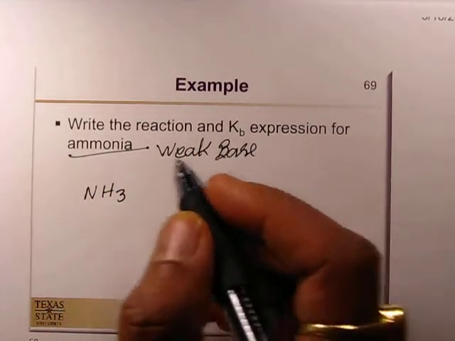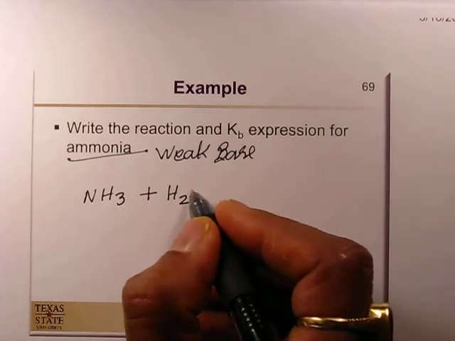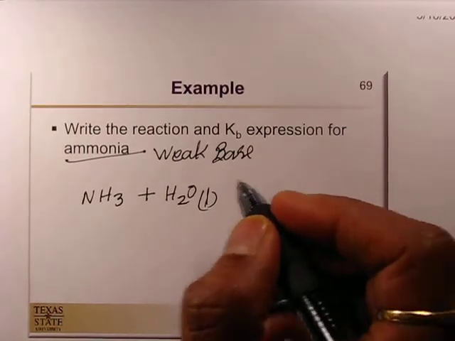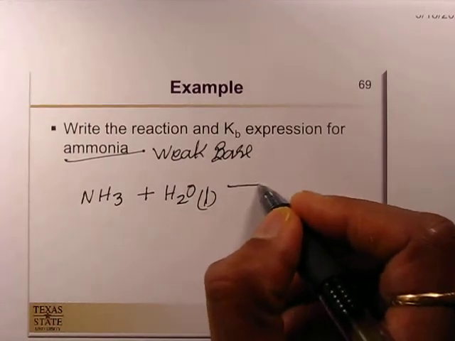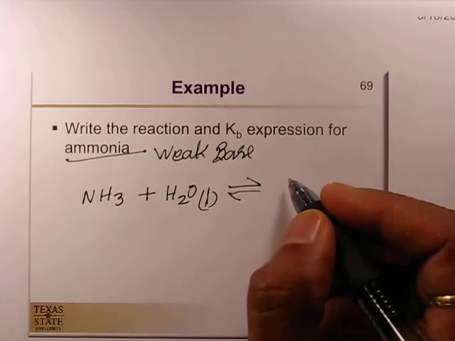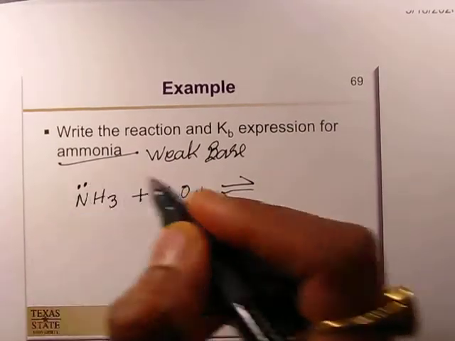The Kb expression can be written only when we react it with water, and water will act as a solvent. We know that this is a weak base, so we have to write the equilibrium sign.